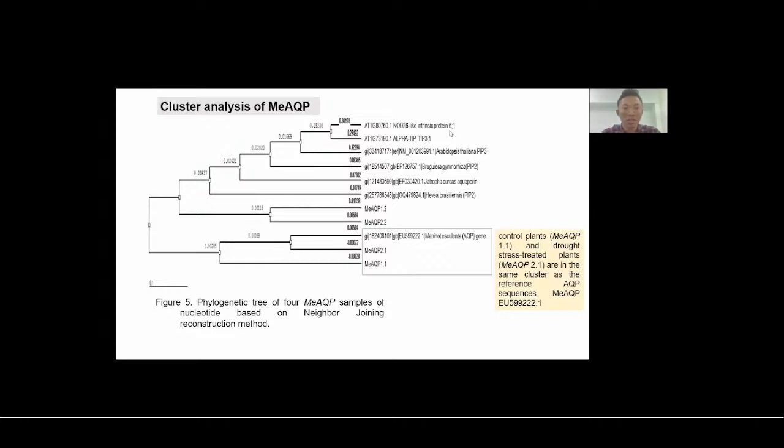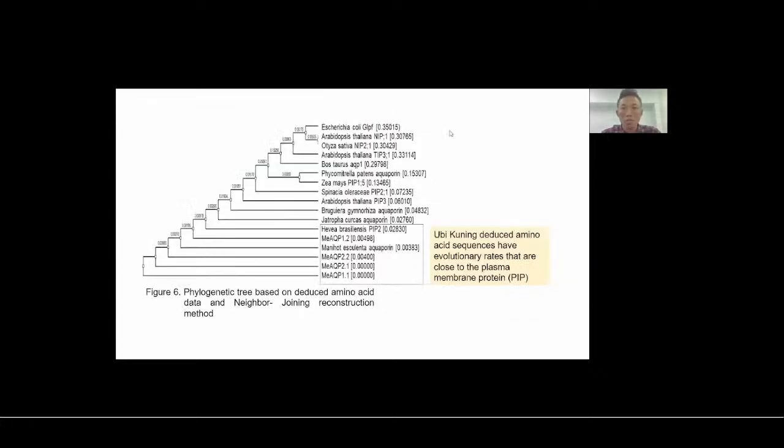The phylogenetic tree of four NEAQB samples of nucleotide based on the neighbor joining reconstruction method is shown in figure 5. Ubi Kuning deduced amino acid sequences have evolutionary rates that are close to PIP, the plasma membrane protein. Figure 6 is shown.